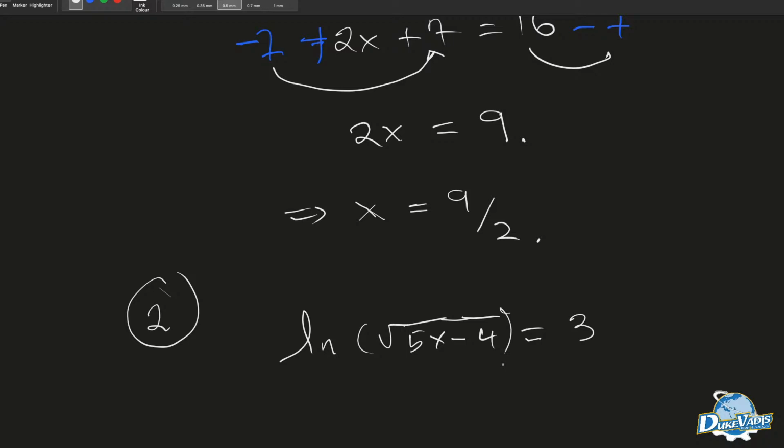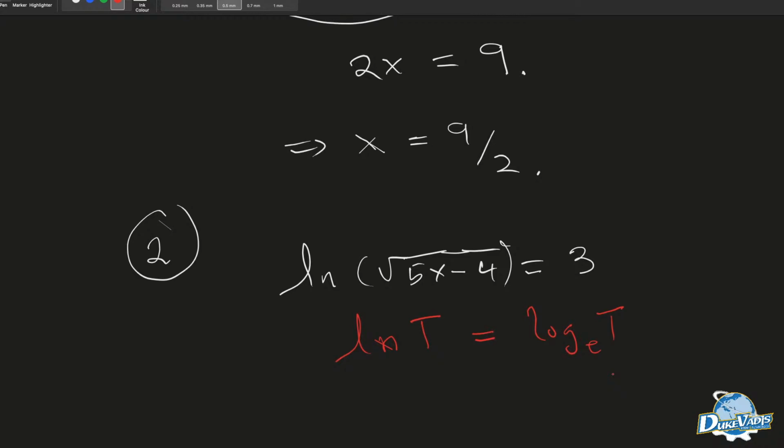Bear in mind that anytime we see natural log of, for instance, t, it can also be written as log to the base e of t. That's a natural log of t.